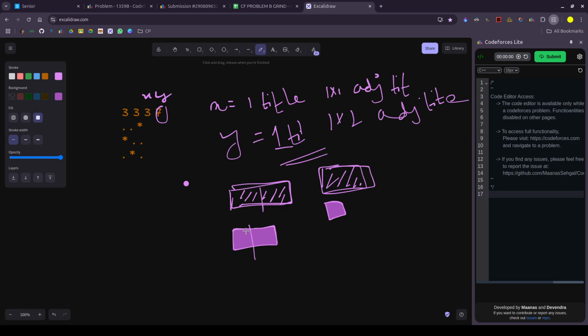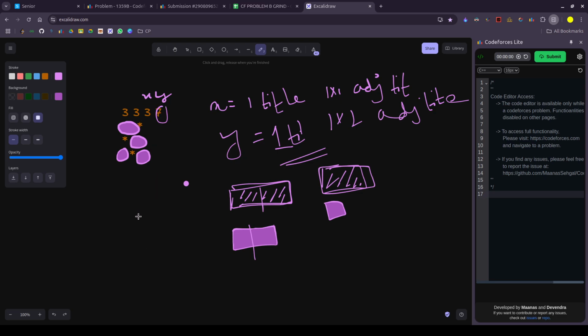So we have to tell what is the minimum cost to cover all the white cells. So basically, what will be the minimum cost? Then we can get the minimum from it.